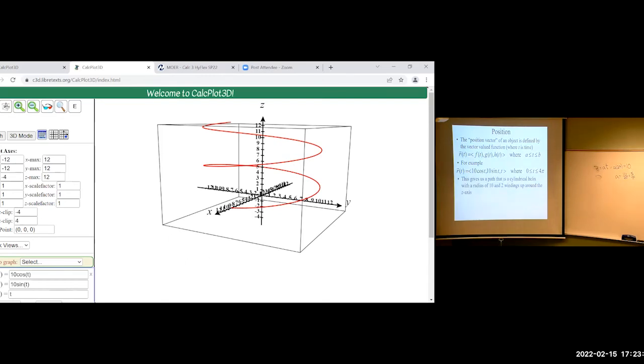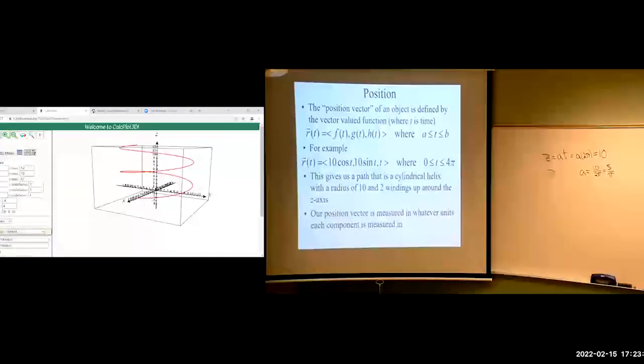What I want you to imagine is that this is the path a bug or a particle is moving along, and it's going to move along this helix. We know it has a radius of 10, 2 windings, and it goes up the z-axis. Our position vector is going to be in whatever units our axes are in, feet, inches. It's some linear distance.